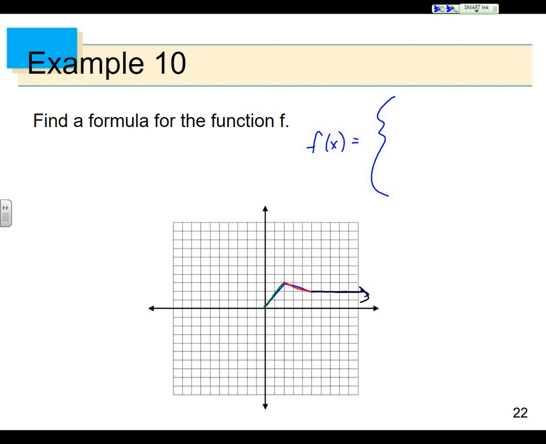So let's start with this green line right here. Okay, it's a straight line, and it goes through the origin. So I'm just going to count the rise over run on this. I rose 3 and ran 2. So it should follow the function 3/2 x, and then there's a +0 because it didn't actually go through the y-axis.